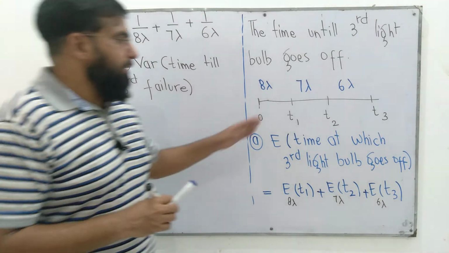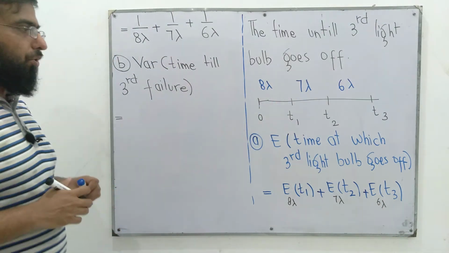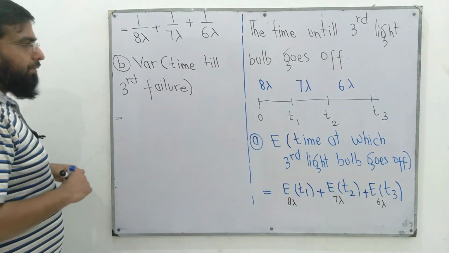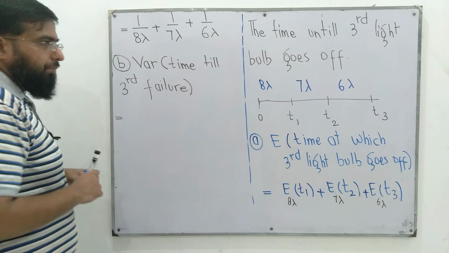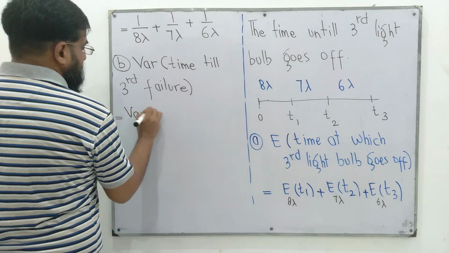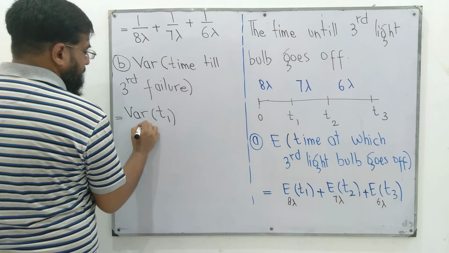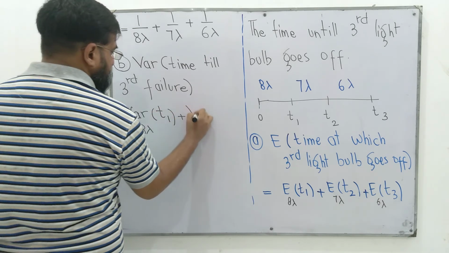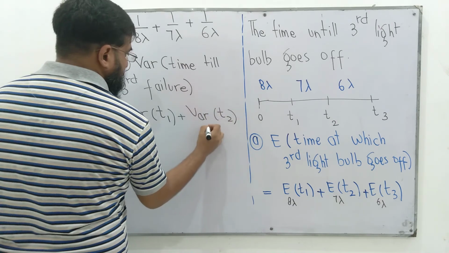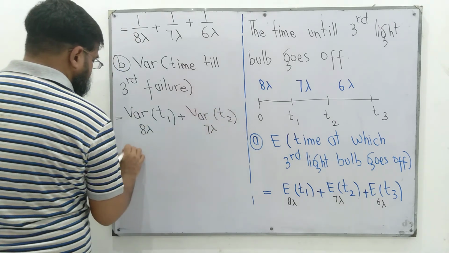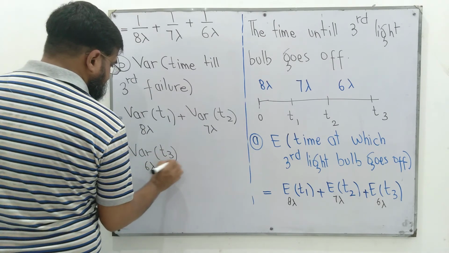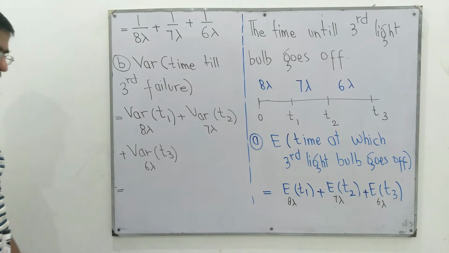Since all intervals are independent, it is the variance of T1 where the parameter is 8 lambda, plus the variance of T2 where the parameter is 7 lambda, plus the third where the parameter is 6 lambda.